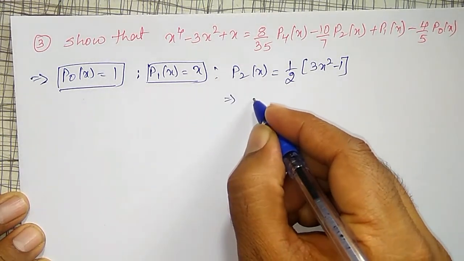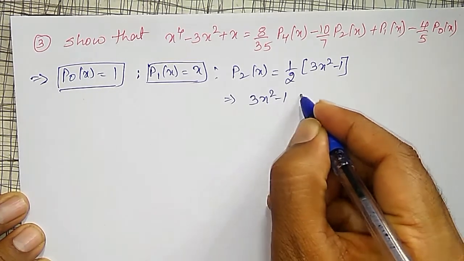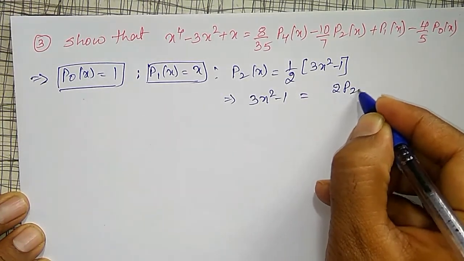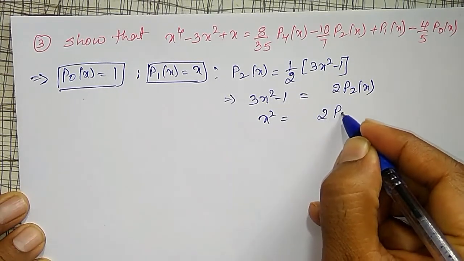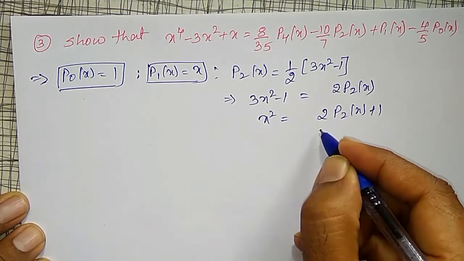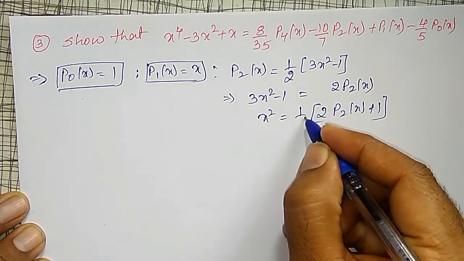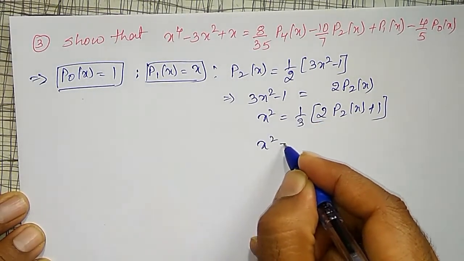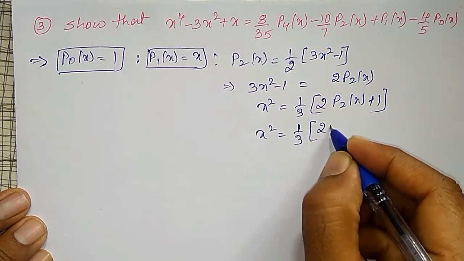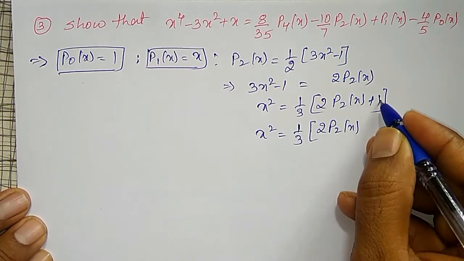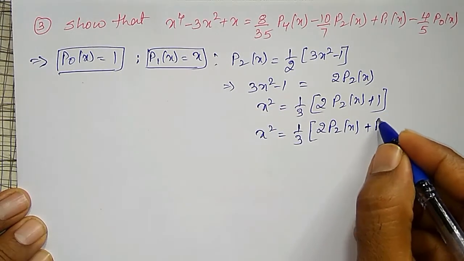That implies 3x square minus 1 is equal to 2 times P2 of x. Therefore, x square is equal to 2 times P2 of x plus 1, divided by 3, or x square equal to 1 by 3 times 2 P2 of x plus 1, and 1 is nothing but P naught of x.